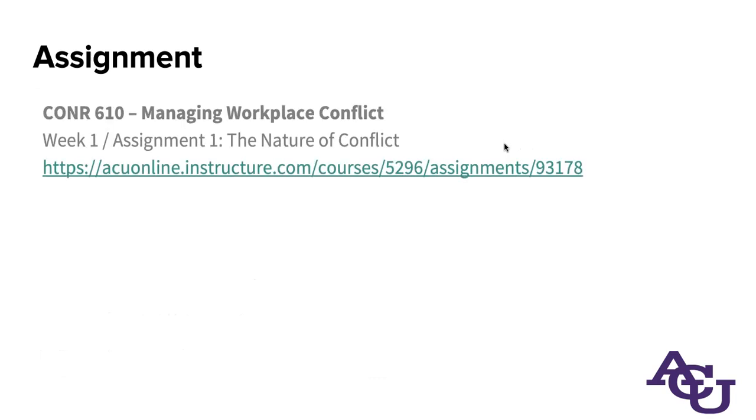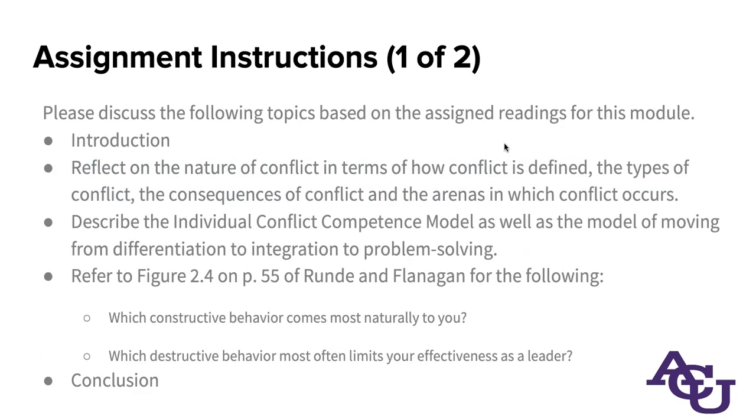So if we look at here, it says describe the individual conflict competence model. Now, in much of the literature, they will capitalize the names of models in title case, as you see here. But it's actually an APA 7 rule that you should not capitalize model names in title case. You need to use sentence case.